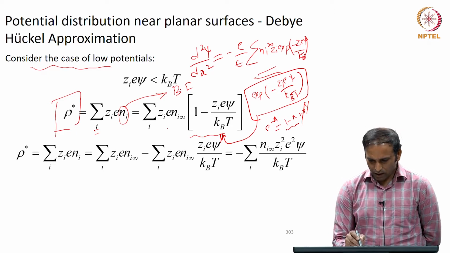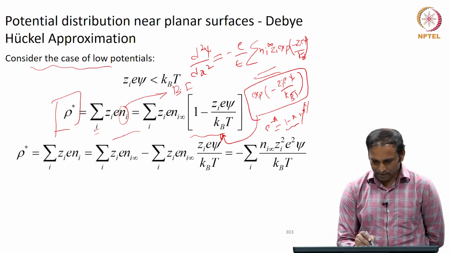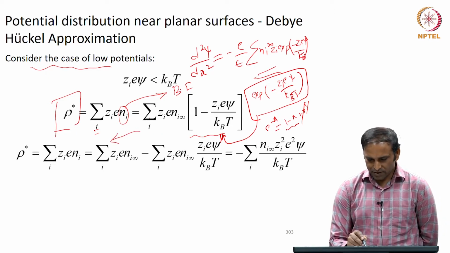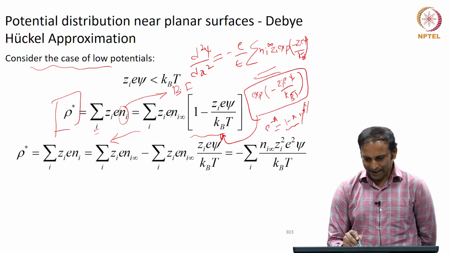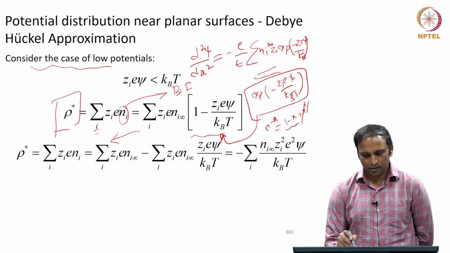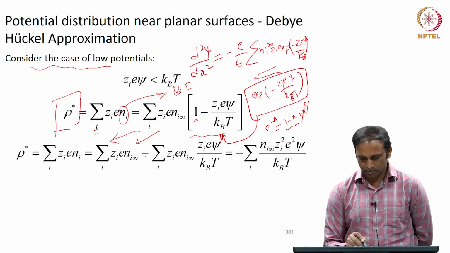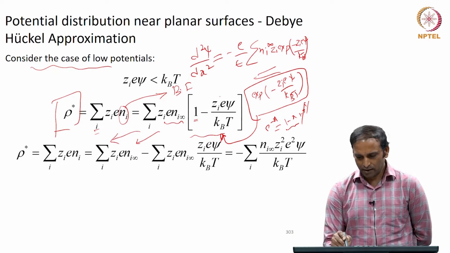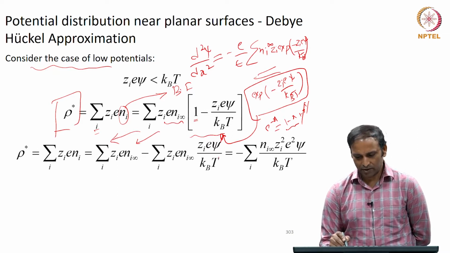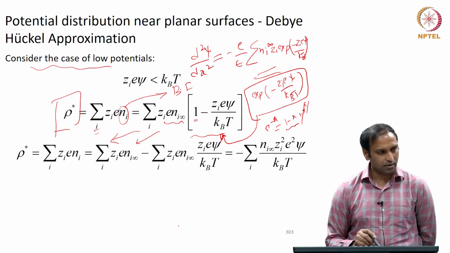So, therefore, I can simplify this as sigma Zi E Ni infinity times 1, that is this term, okay, multiplied by minus sigma Zi E Ni infinity and the next term, Zi E psi divided by kBT. Okay.